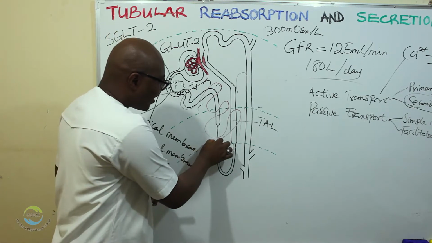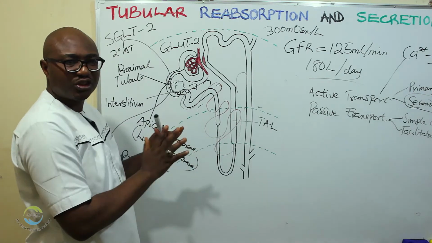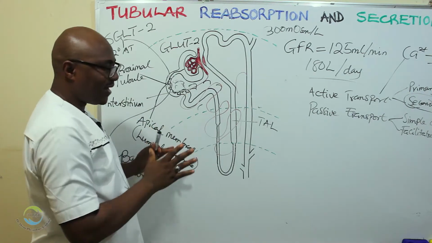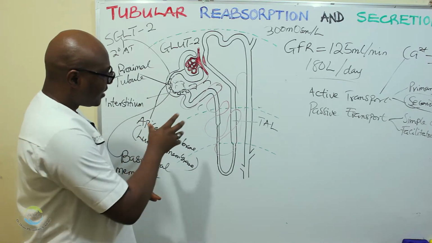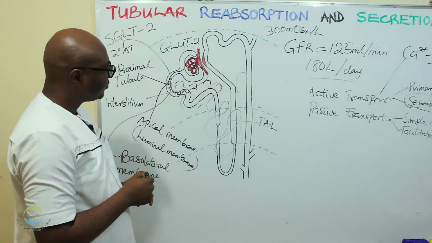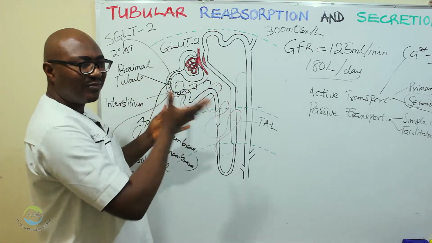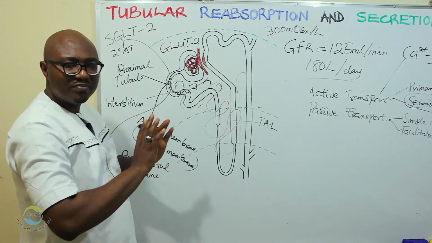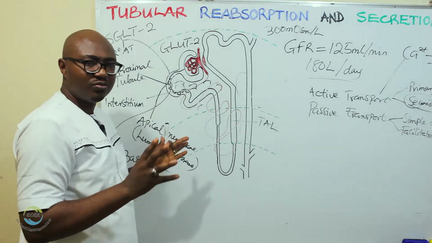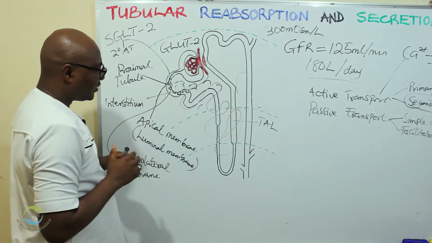By virtue of the fact that the loop of Henle is thin, not much happens there. But there's something that is significant about it. After the proximal tubule, where we talk about reabsorption of so many substances, now we are just going to focus on majorly water and sodium, the two major solvent and solute.